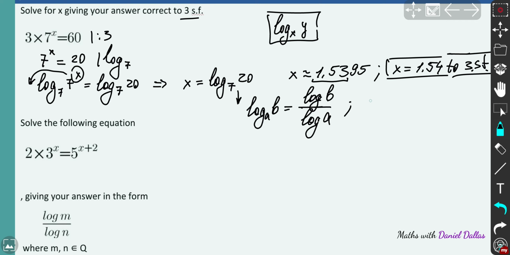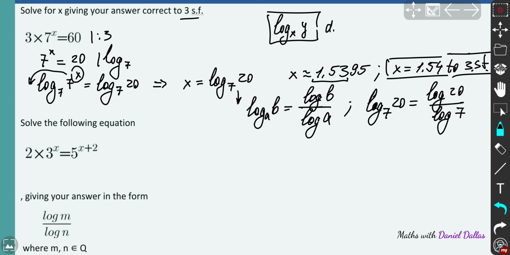So if you apply that to log base 7 of 20, it means you'll get log of 20 with base 10 over log with base 10 of 7. And now you can simply recalculate. So I'll try: log 20, and I'm dividing by log of 7. And I've got the same answer, 1.5395, all right?